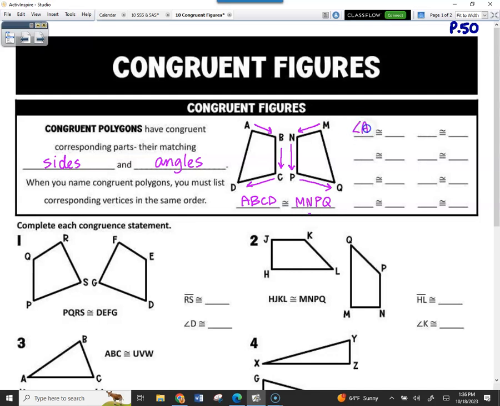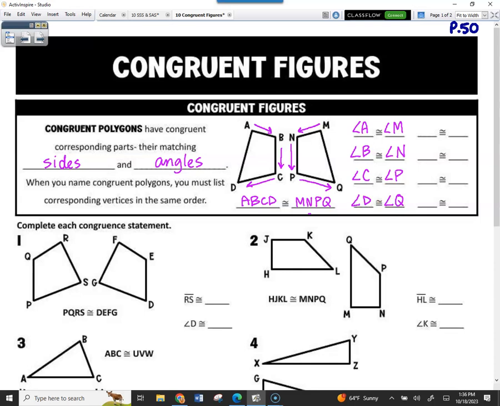So angle A is congruent to angle M. Then angle B is congruent to angle N. Angle C is congruent to angle P. Angle D is congruent to angle Q.